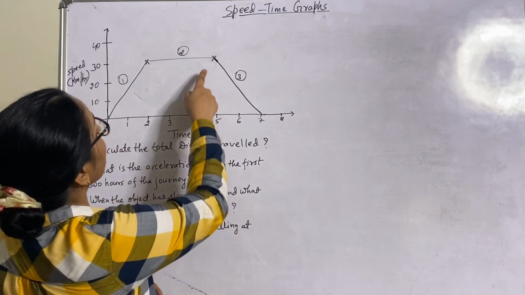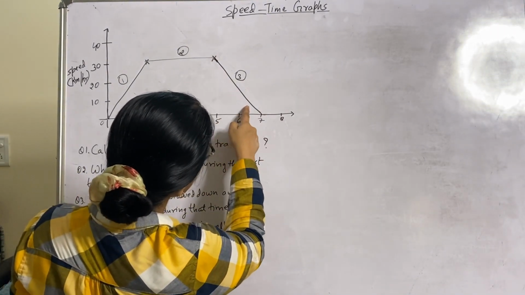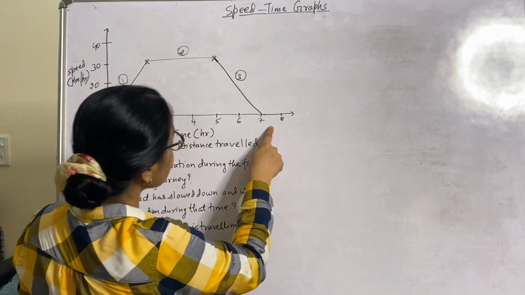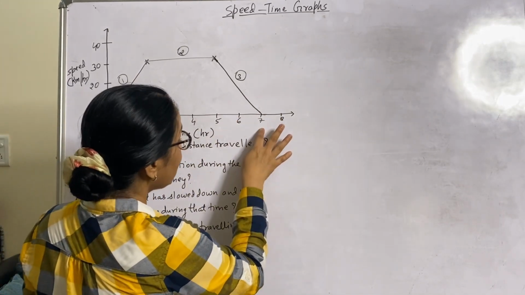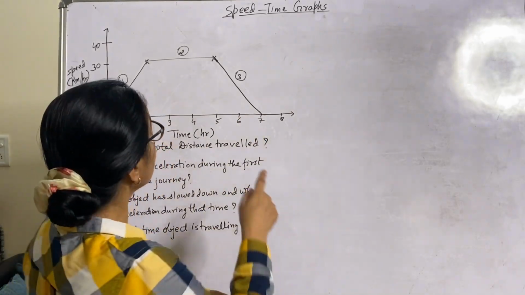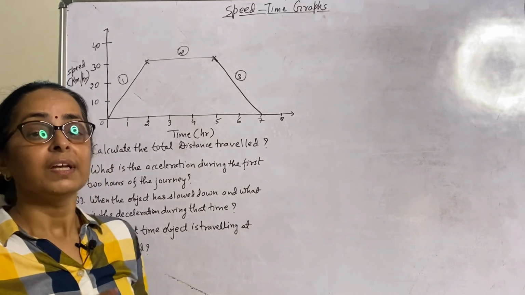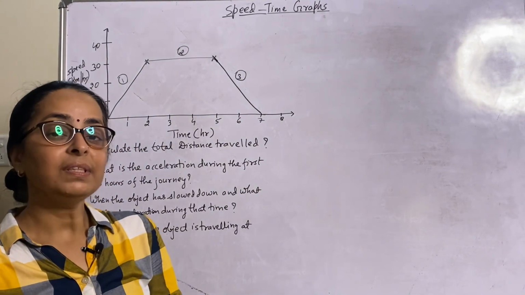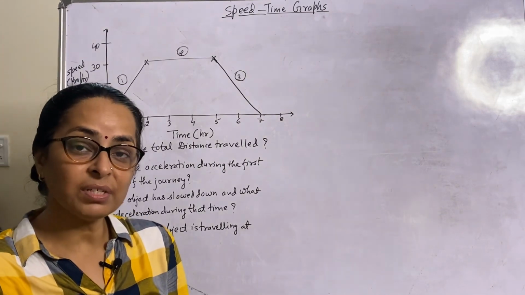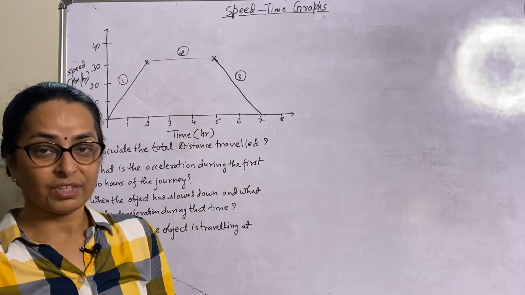Then in the next section, the third one, you can see speed is decreasing as you are heading towards 7 hours, from 5 to 7 hours. In the last 2 hours, the speed is decreasing. It means that the object is moving with negative acceleration, or we can say the object is moving with deceleration.